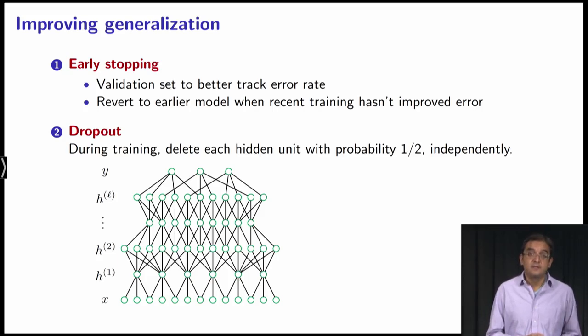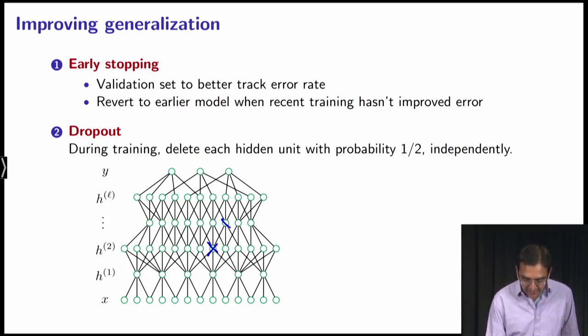Another trick that's proved to be quite useful is something called dropout. Okay? And this is somewhat reminiscent of random forests. So what we do here is that during training, after presenting an input x, we randomly kill half of the hidden units. Okay? Or to be more precise, for each hidden unit, we delete it independently with some fixed probability, like 0.5. Okay?